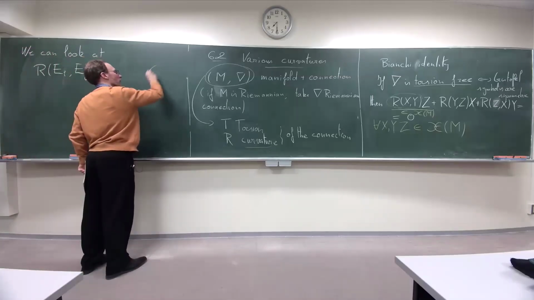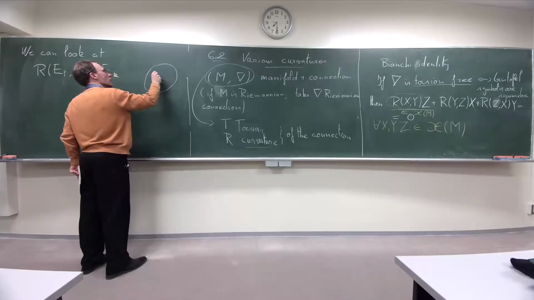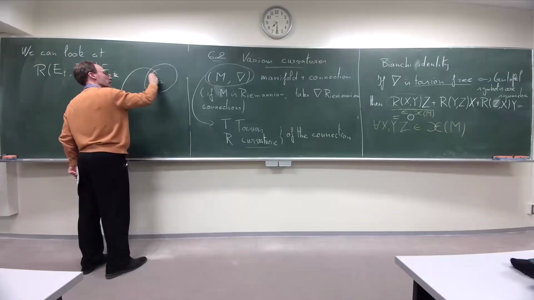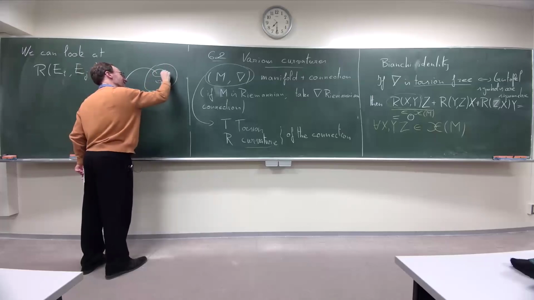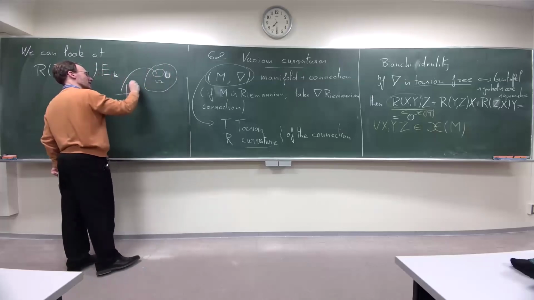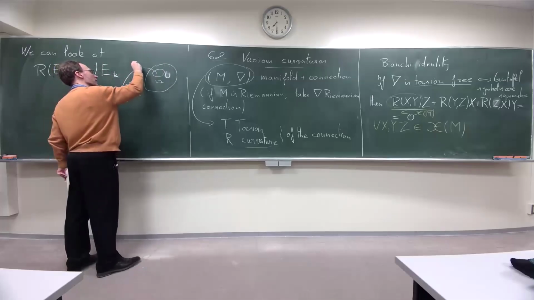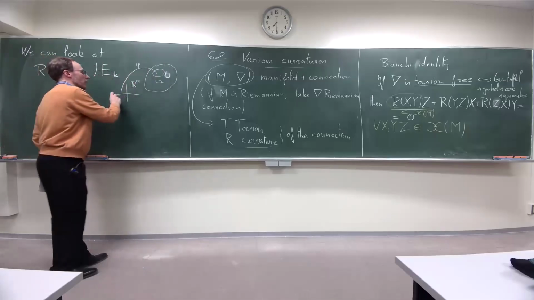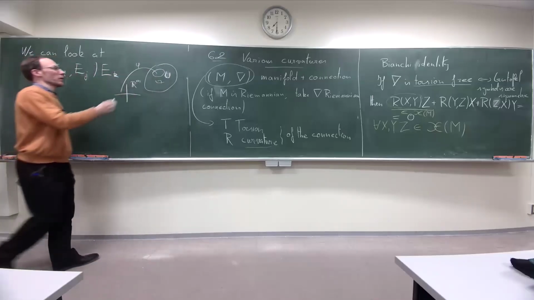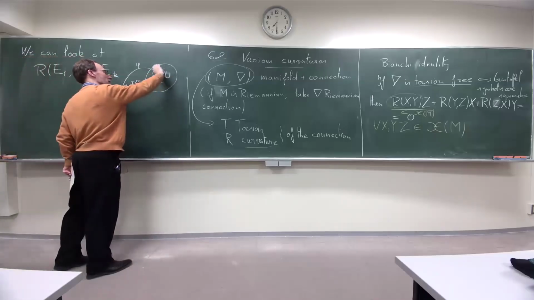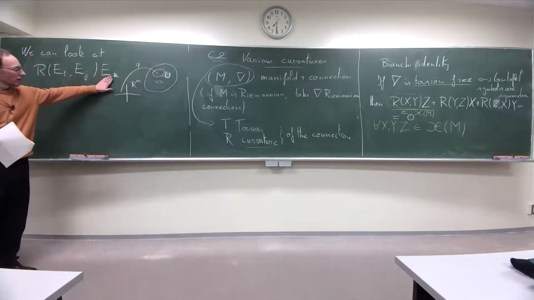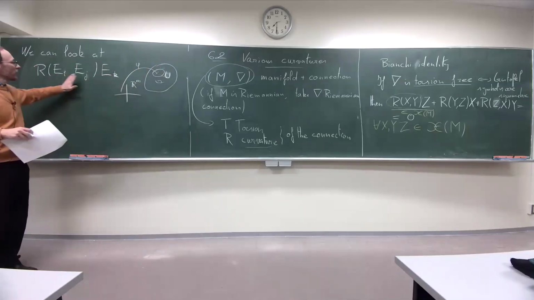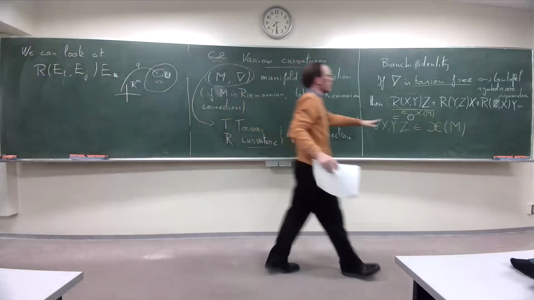When you have your manifold, we have locally a chart. This is capital U, this is R^m, and we have phi. With this chart, we generate a basis on the tangent space. And this is a field of tangent vectors.